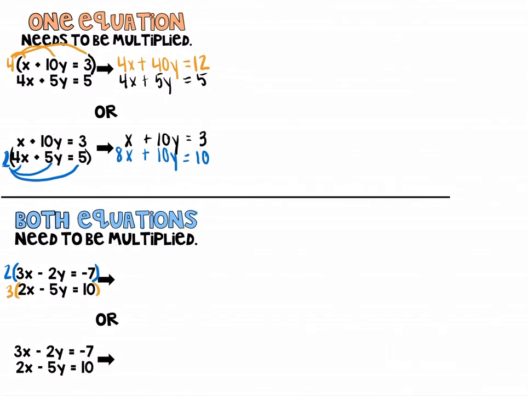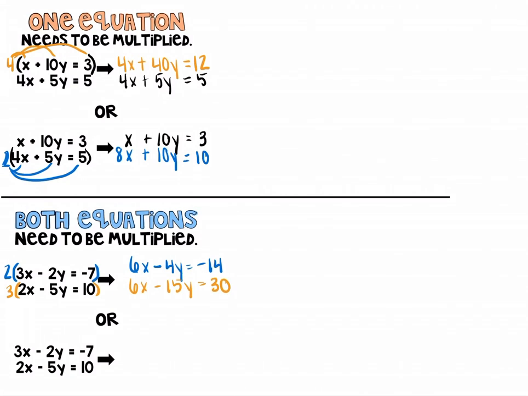Okay, so then we're going to come through and multiply. So 2 times 3x is 6x, minus 2 times 2y is 4y, and 2 times -7 is -14. Okay, then this next one, we're going to multiply, and it's going to be 6x minus 15y equals 30.